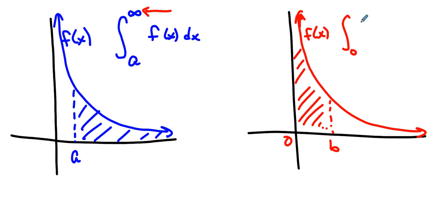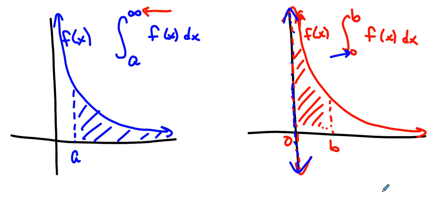The integral from 0 to b of f of x dx is improper because there's a vertical asymptote in our interval of integration. So if that happens, then the integral is considered improper.